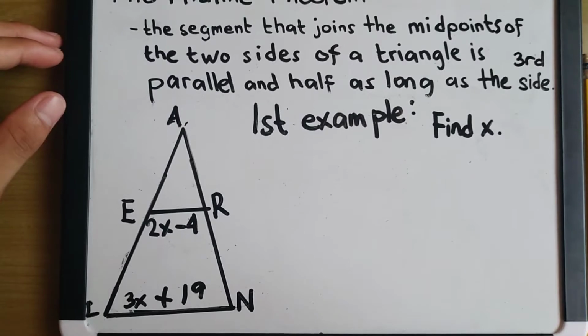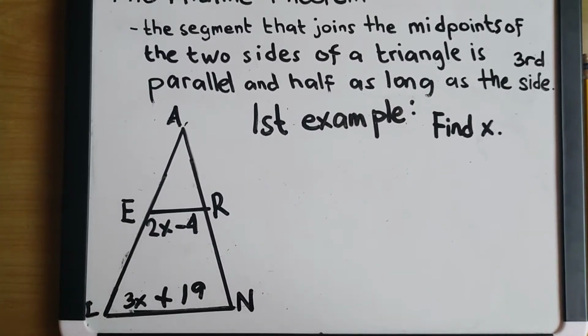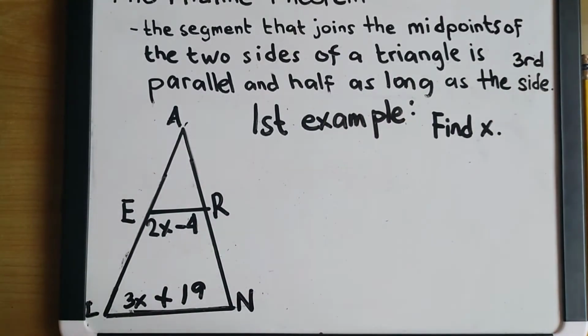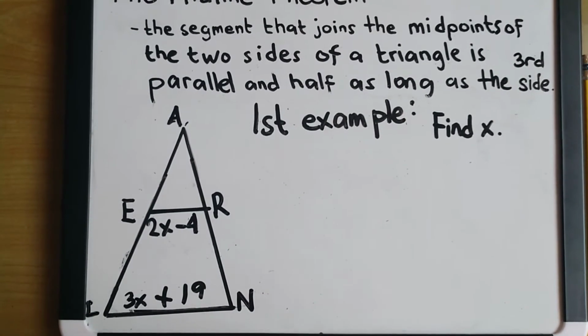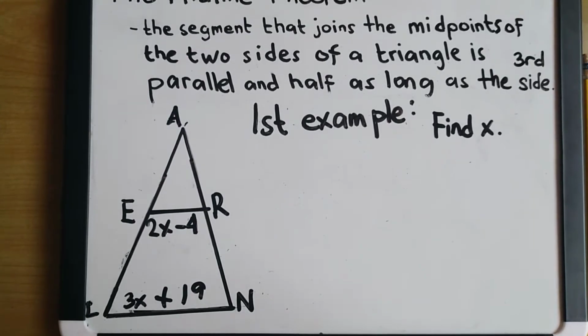For our first example, we are asked to find x. The given is that the measure of mid-segment ER is equal to 2x minus 4, and the measure of the third side, side LN, is equal to 3x plus 19. From these two given, we will look for the value of x. Going back to the theorem, it tells us that the mid-segment is half as long as the third side.